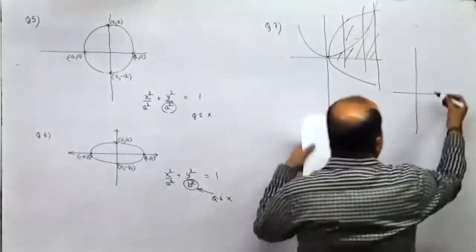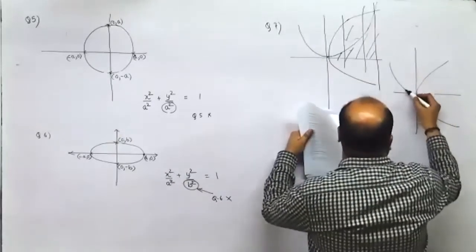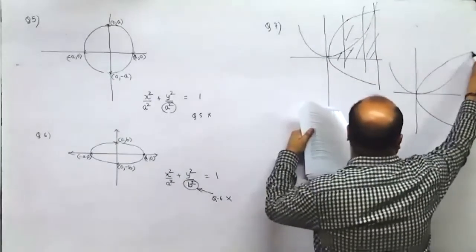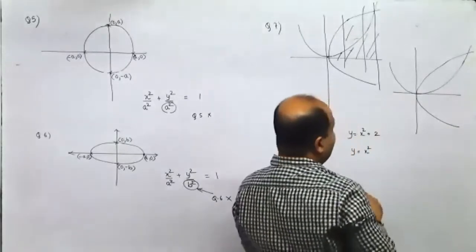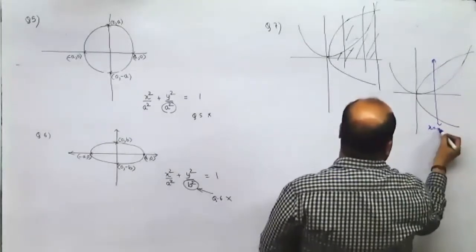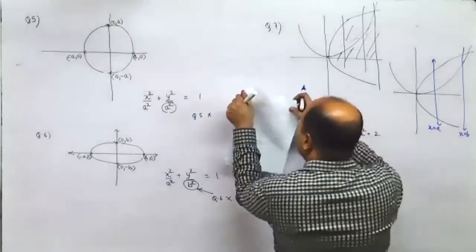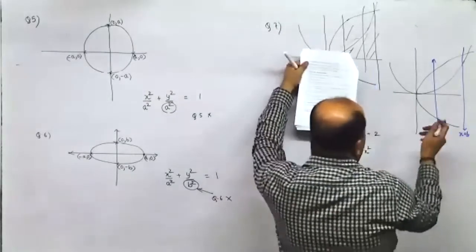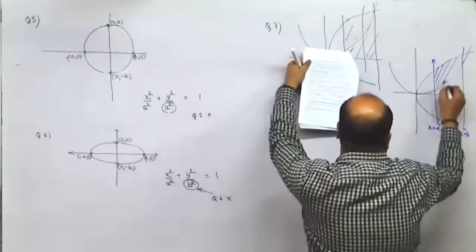See, if there are two curves here, and I say there are two lines here, x equal to A and x equal to B. Now I want the area bounded by these two.